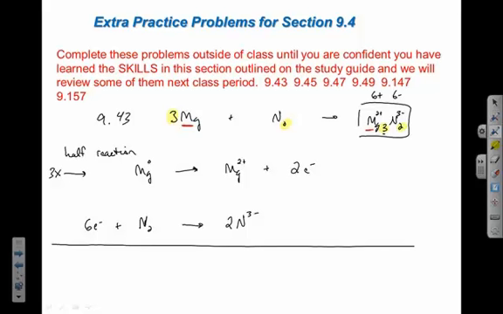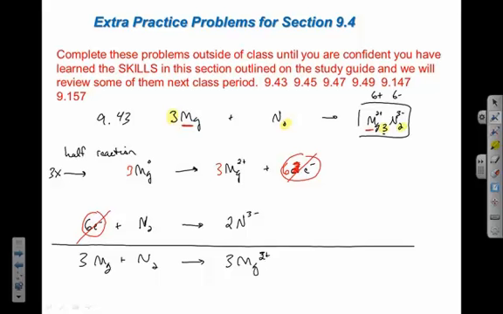So I need to multiply this by 3 so that the 6 electrons produced by the magnesium will be the same as the 6 electrons consumed by the nitrogen. Now that they're equal, I can cancel them, and I add everything on the left and everything on the right, and I get the overall balanced reaction.